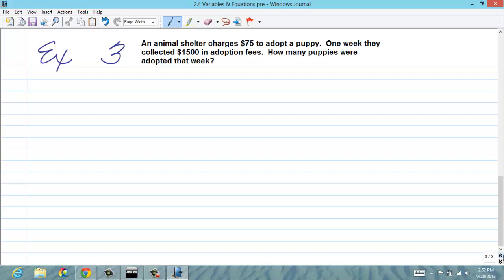Because the number of puppies controls how the cost fluctuates, we'll be multiplying that times x. So 75 times x, because it's 75 and x represents the number of puppies. So one week they collected $1,500 in adoption fees, meaning charging $75 per puppy. One week gave them $1,500, so we'll set this equal to $1,500. That's what happened one week.